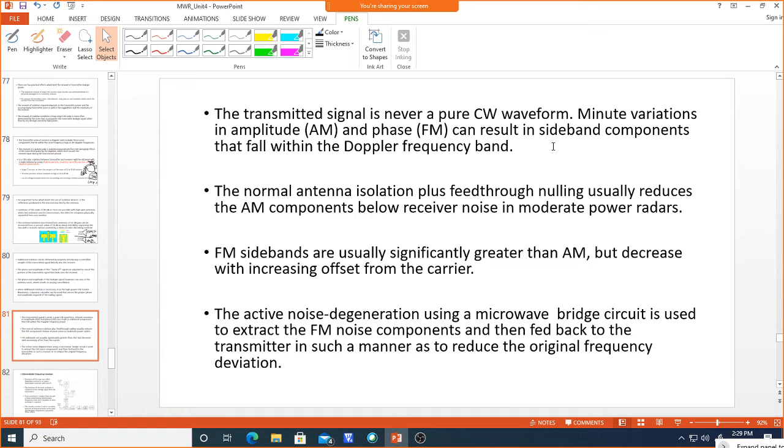The sideband components which are not required and fall within the Doppler frequency band will be properly removed by the filters.